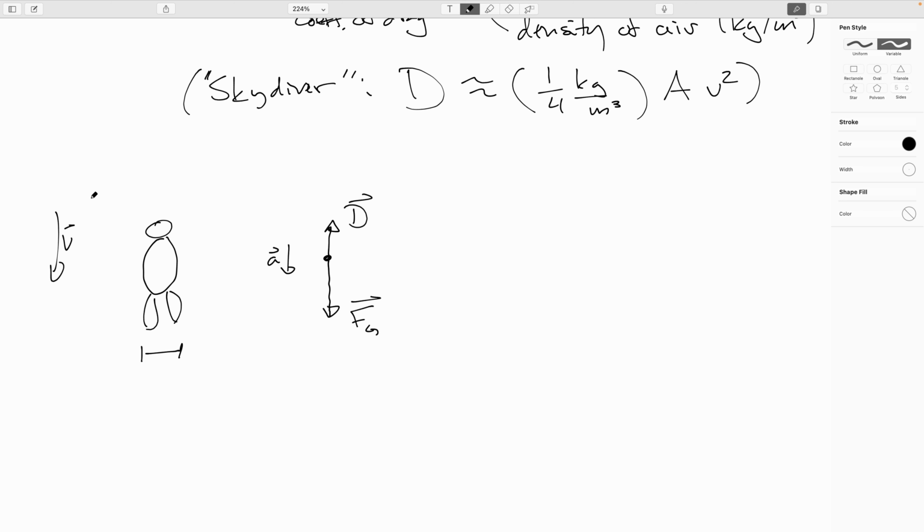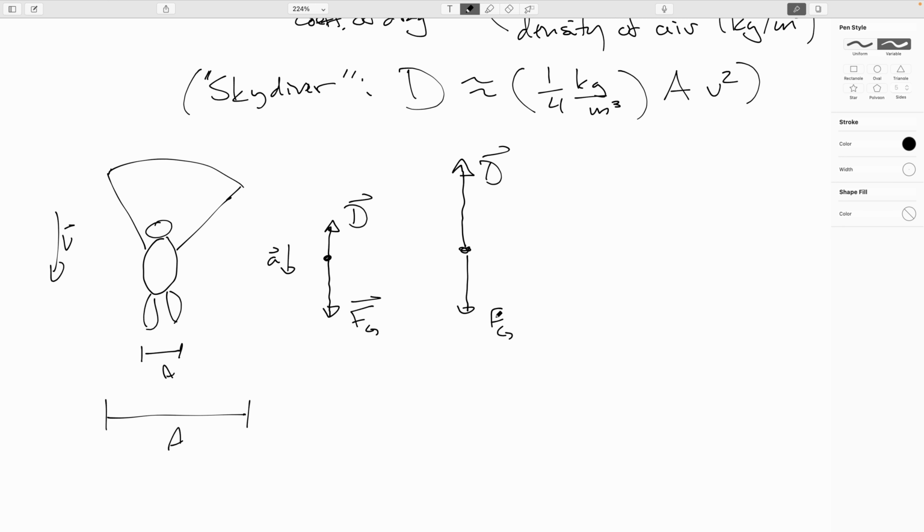Then we could imagine that they open up their parachute. By opening up their parachute, they've effectively made their cross-sectional area a whole lot bigger, and in so doing, they'll make the drag force a lot bigger. Depending on how fast they're going, it's entirely possible that the force of drag could even exceed the force of gravity on the skydiver.